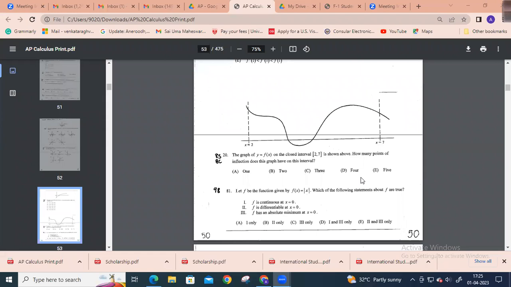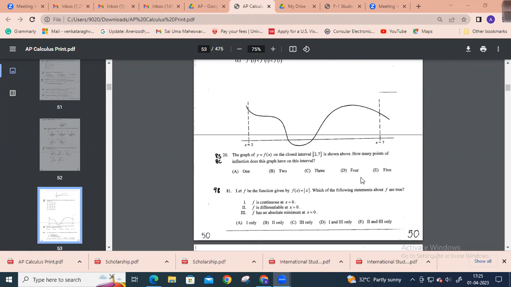They're asking: the graph of f of x in the closed interval is shown above. How many points of inflection does this graph have on this interval? Points of inflection means where the curve is changing from concave up to concave down to concave up. I think I discussed this in the last class, so I'm again doing this.